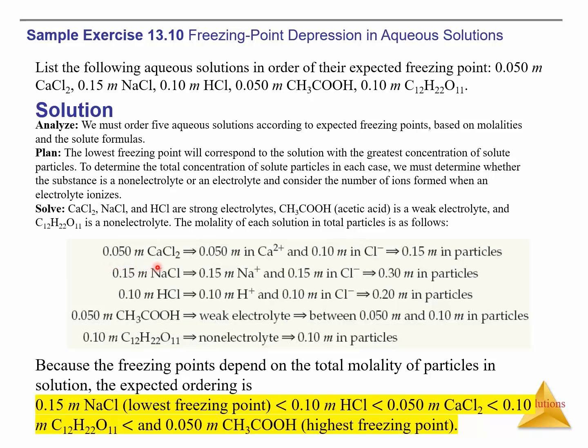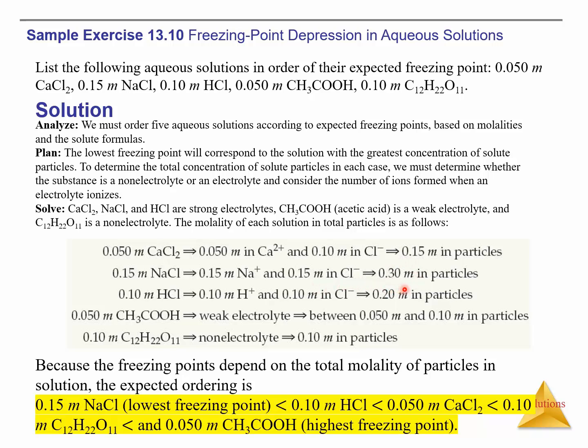0.05 m CaCl2 equals 0.05 m in Ca2+ and 0.1 m in Cl minus. So we have two Cl, we multiply 0.05 times 2, it is 0.10 molal in Cl minus, and this is 0.15 molal in particles. And NaCl, 0.15 molal in Na plus and 0.15 molal in Cl minus.